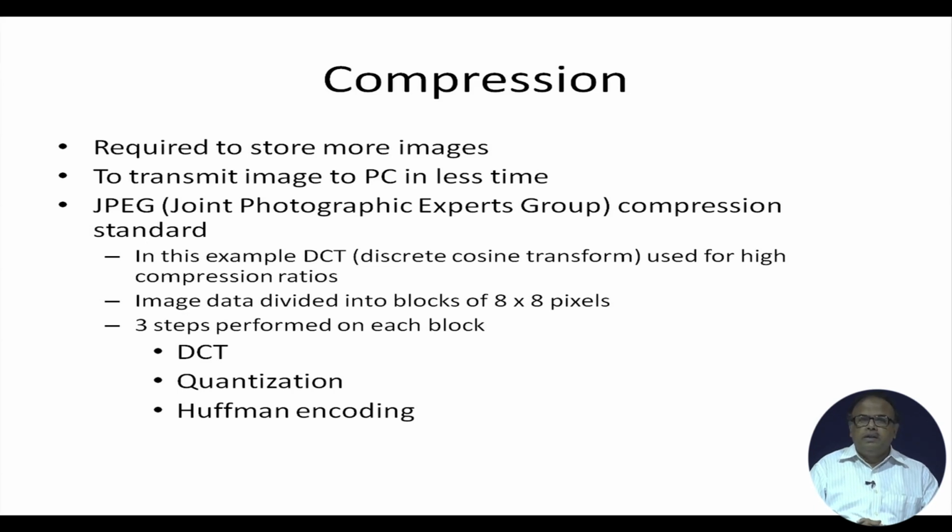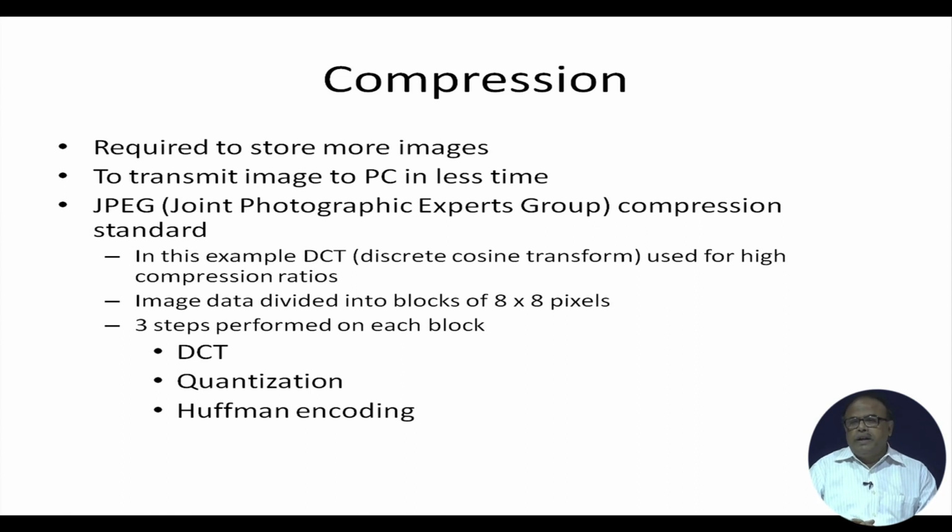You know that JPEG stands for Joint Photographic Experts Group. There are different modes that JPEG allows, but in this example we are concentrating on a particular type of compression, that is the discrete cosine transform, because that gives us a high compression ratio.